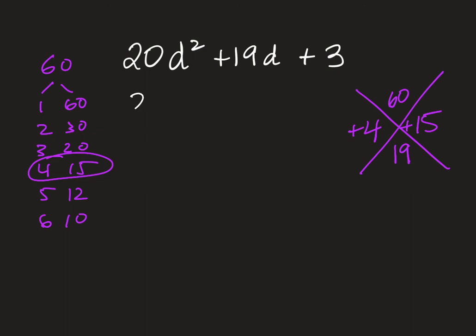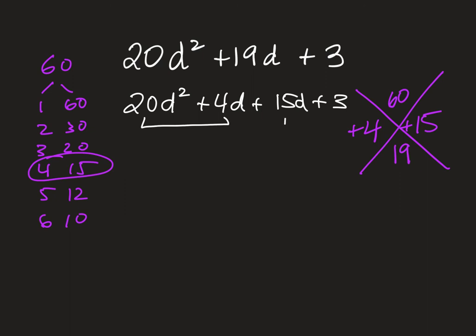So I'm going to rewrite my whole trinomial, but I'm going to write it as plus 4d plus 19d plus 3. Oh, not 19d, sorry. Let me erase that real quick. Okay, that was my 4d plus 15d, and those two make up my 19d.